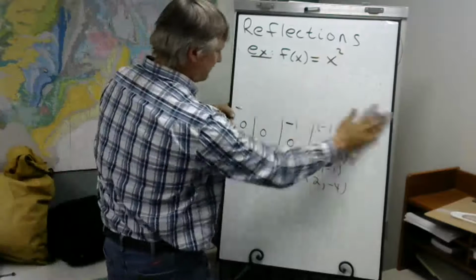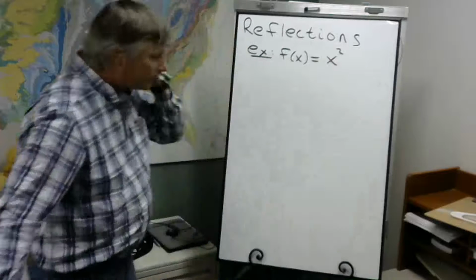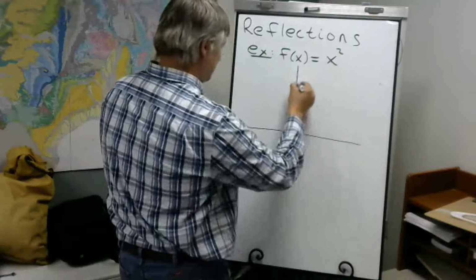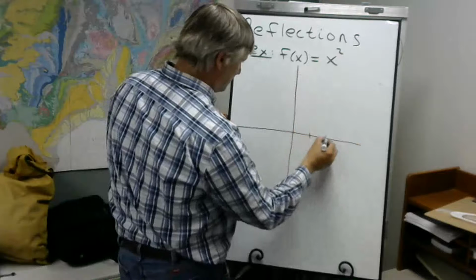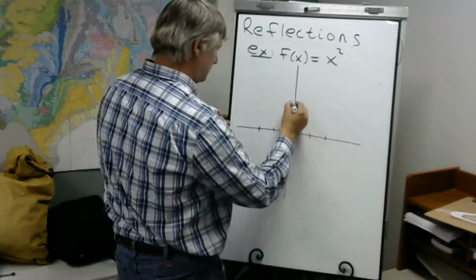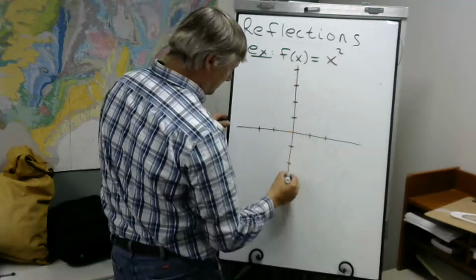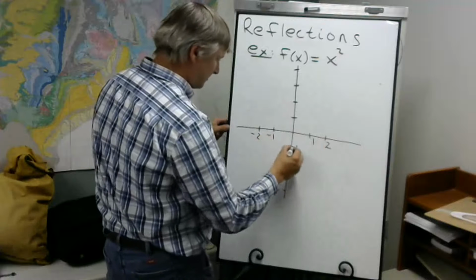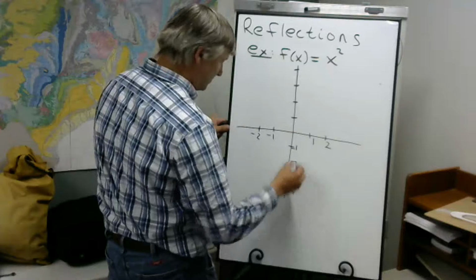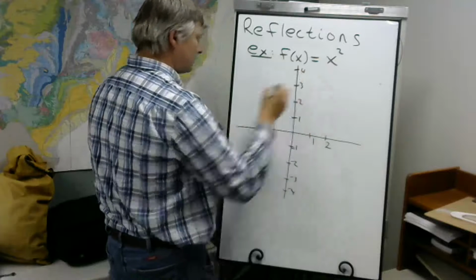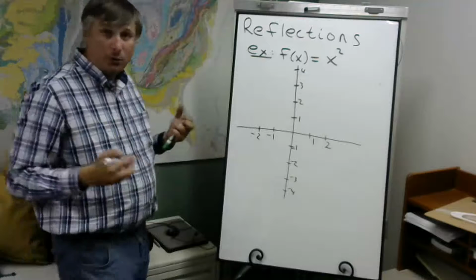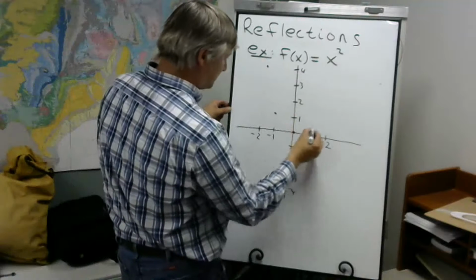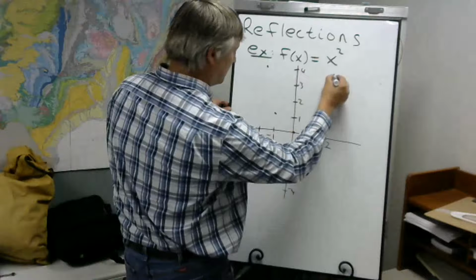So if we graph the original ordered pairs, -2 and 4, -1 and 1, 0 and 0, 1 and 1, 2 and 4.